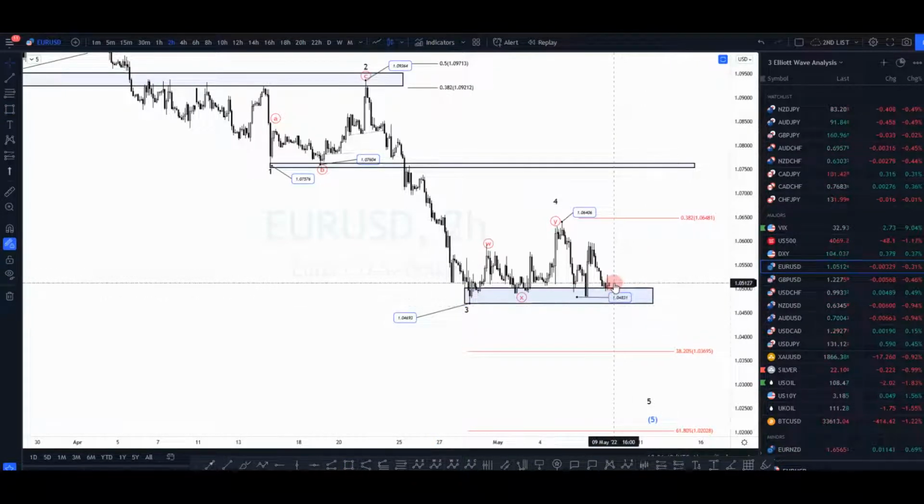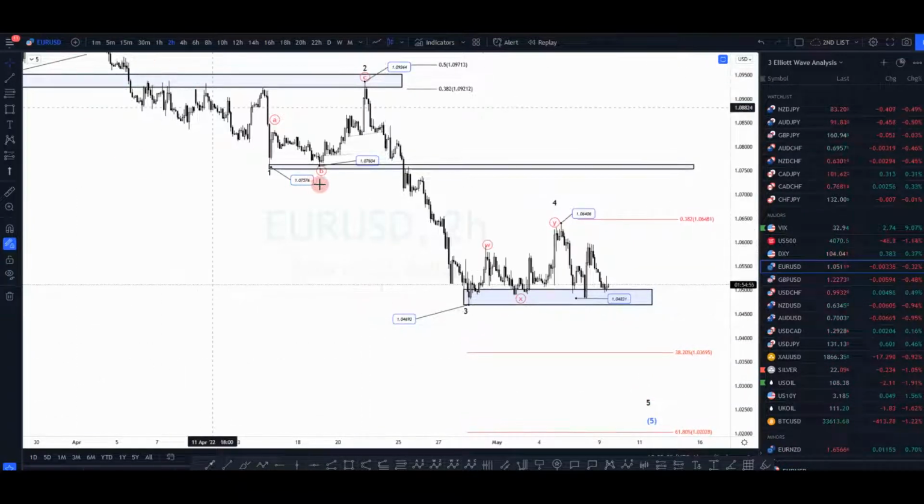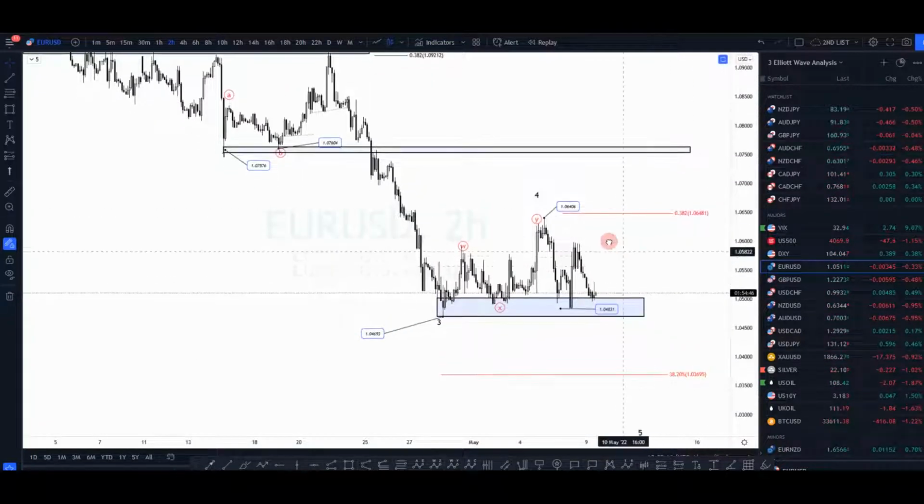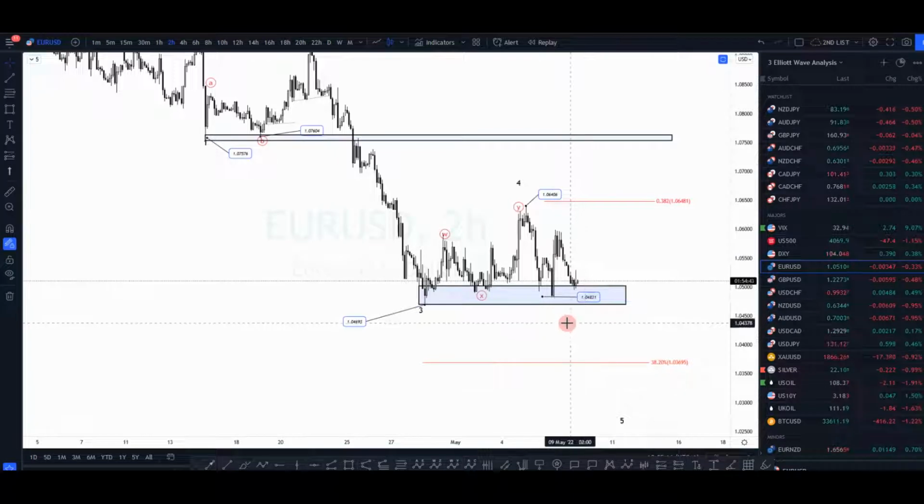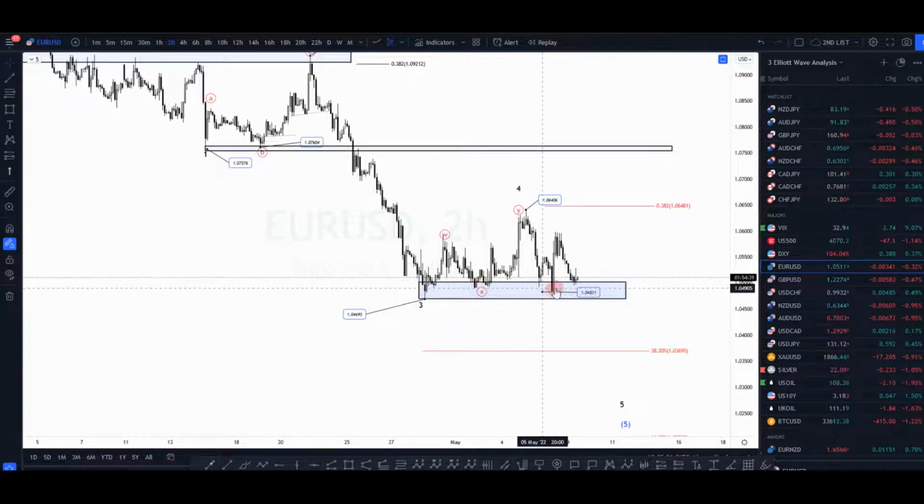If we see a break below here, then I think we should see further decline to 1.04, 1.035, around 1.0369, which is the 82% Fibonacci projection of this whole move from here. That's it for the euro US dollar. Basically still very much bearish, but this zone we really have to watch what happens around.